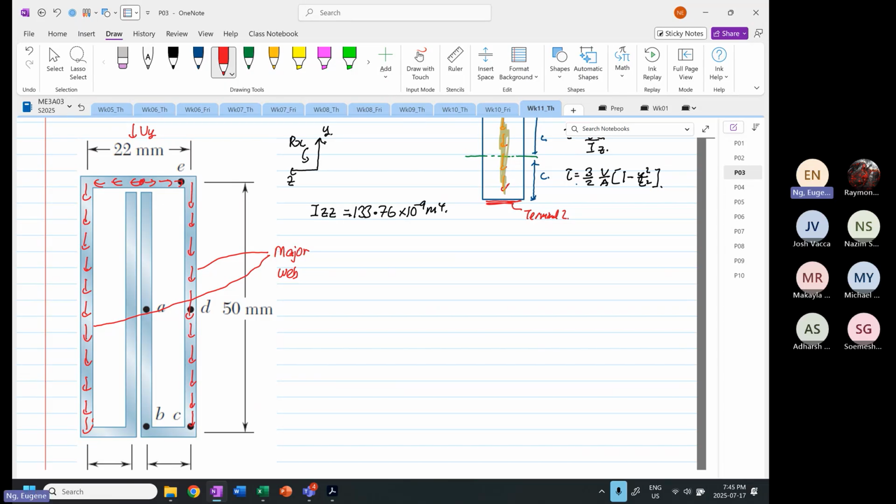So we know over here, this is our terminal number 1, terminal number 2, terminal number 3.